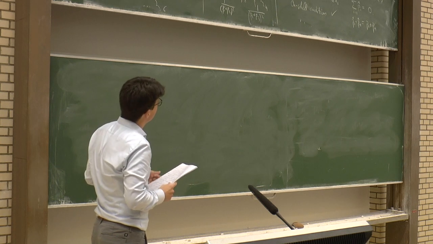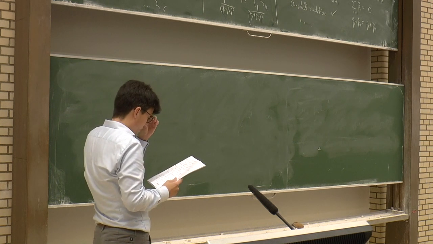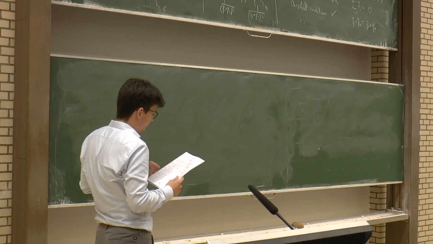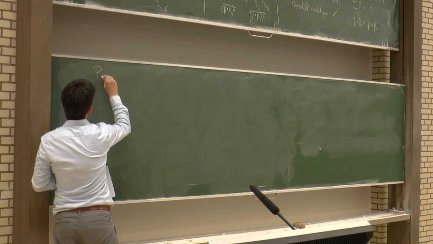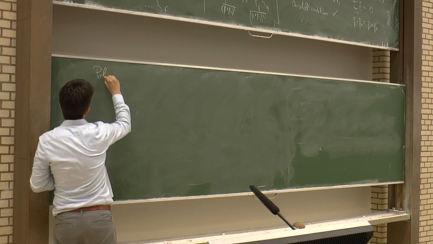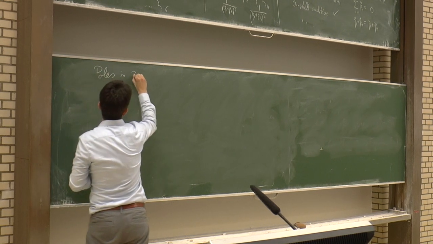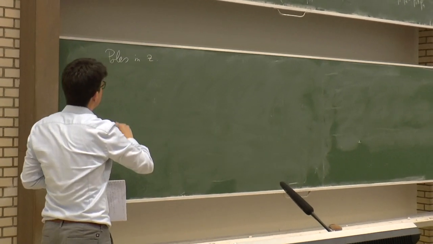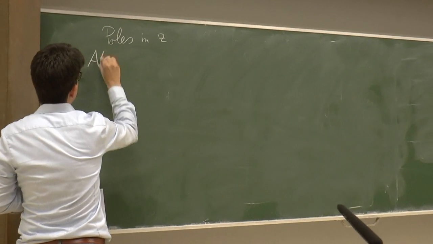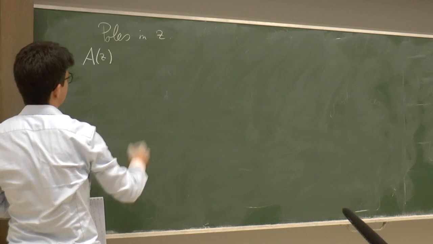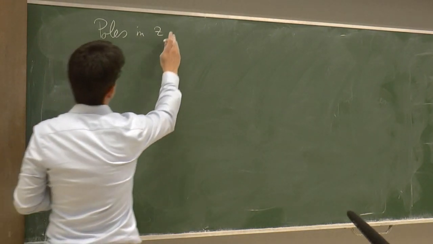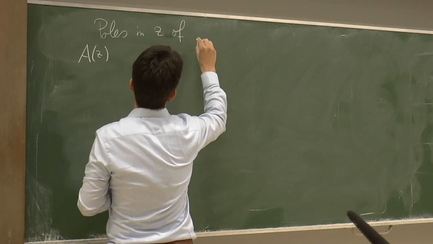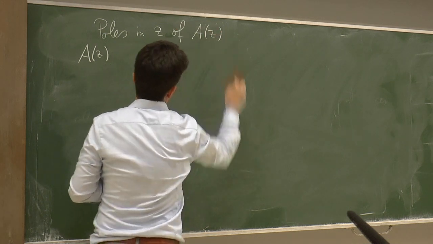Right, so the next question is, where do the poles in z come from? Let's say that we denote this deformed amplitude A of z, and we look at the poles in z of A of z.